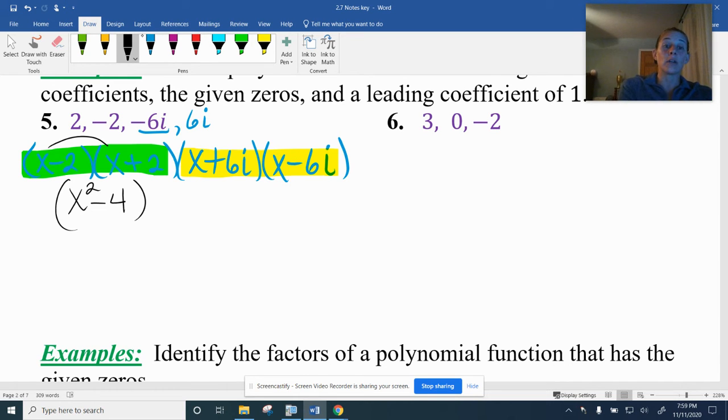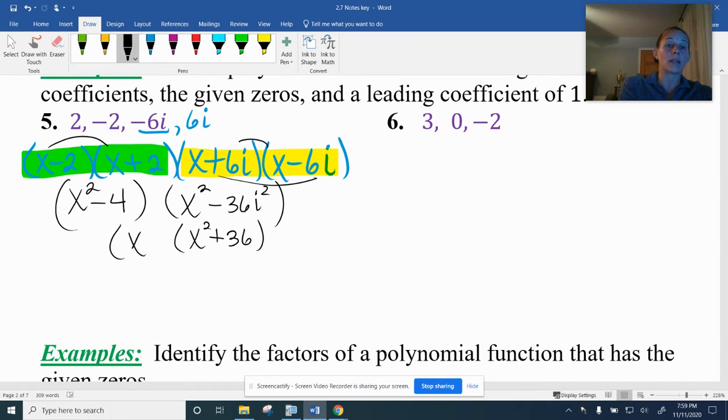And over here, similar situation, you're going to get x squared minus 6ix and plus 6ix are going to cancel, and then you're going to have minus 36 i squared, which of course is just going to change to positive 36 because that i squared is really a negative 1.